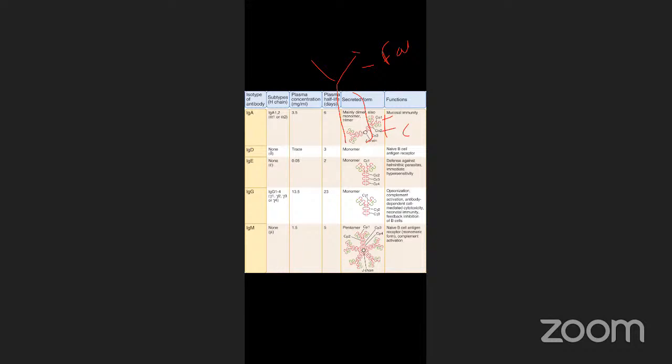Coming to immunoglobulin or antibody function, three major functions are there. One is neutralization of antigens. Another is to punch holes or make pores on the cell wall of microbes.